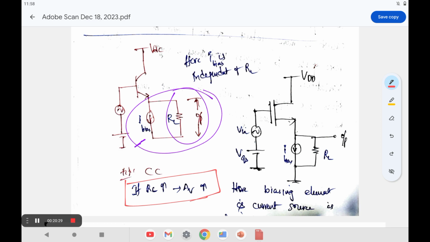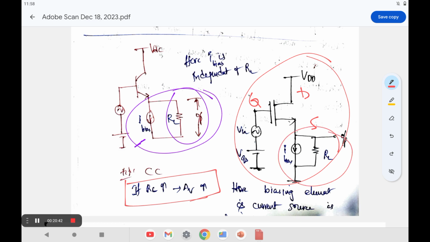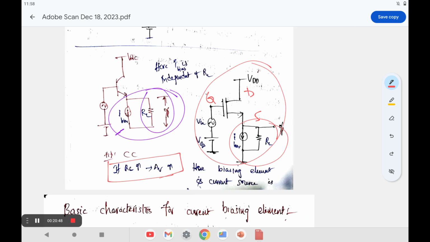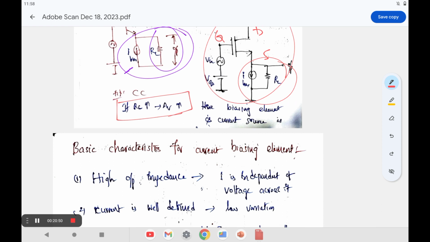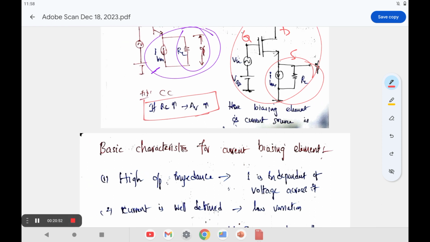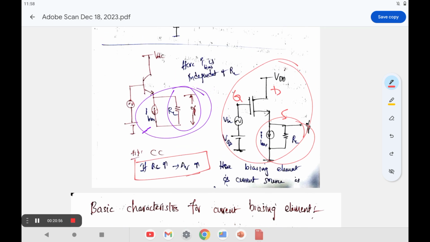In the case of the MOSFET, the same analysis applies, with the source, gate, and drain. Here also, the I bias current is independent of the RL value. So up to now it is very clear, right?